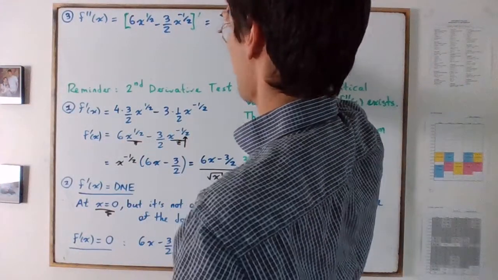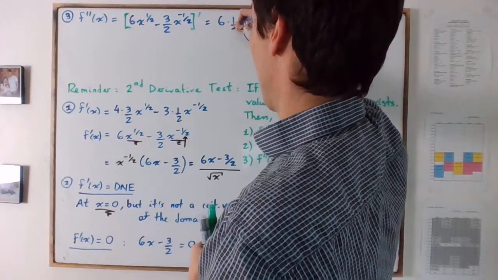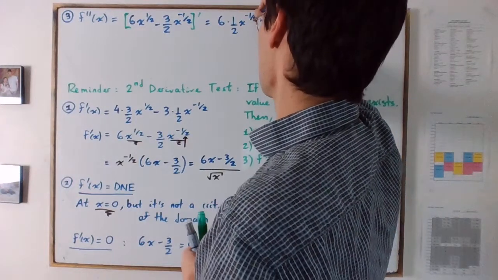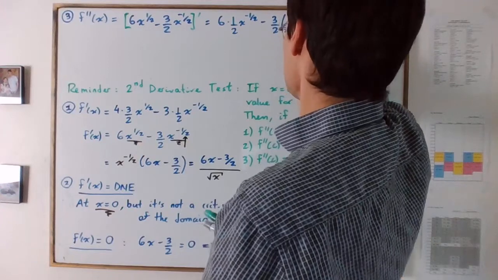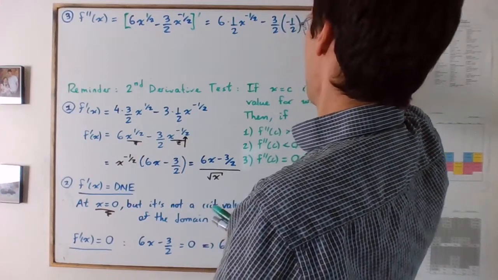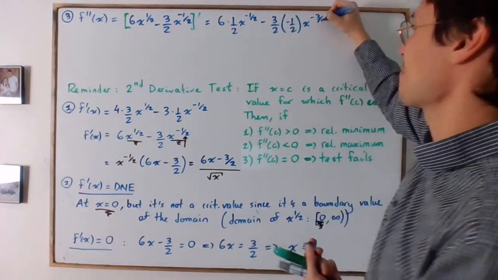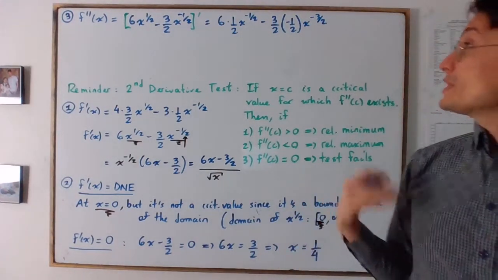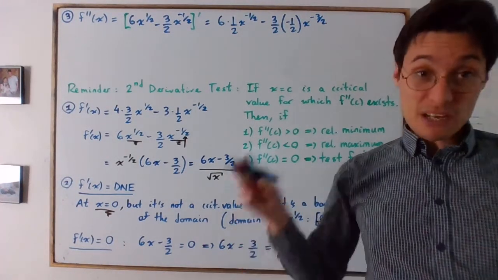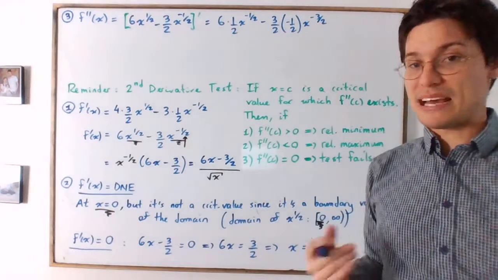Okay, so pretty straightforward. 6 times 1/2 x to the negative 1/2 minus 3/2 times negative 1/2 x to the negative 3/2. Okay, now we do need to simplify this a little bit because we're going to replace values in that second derivative.